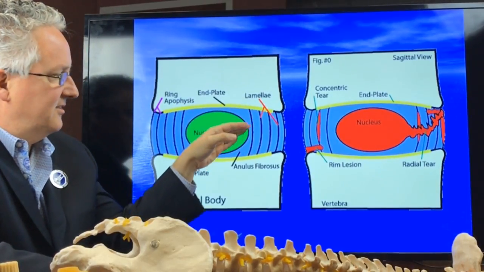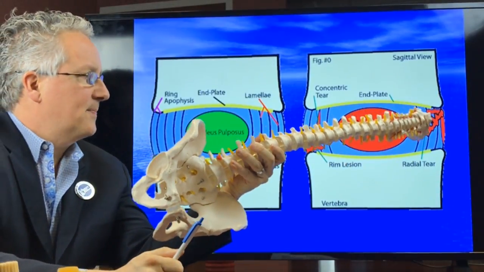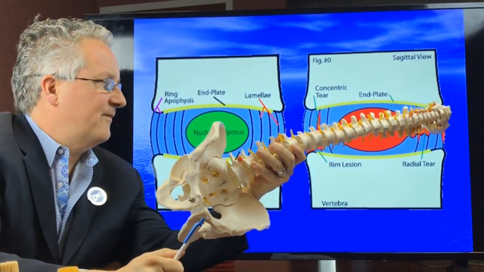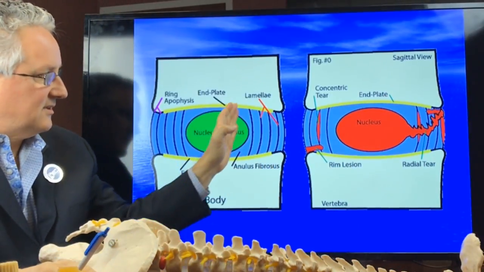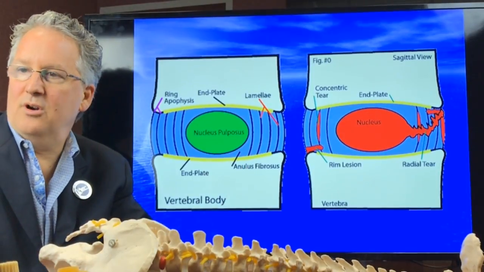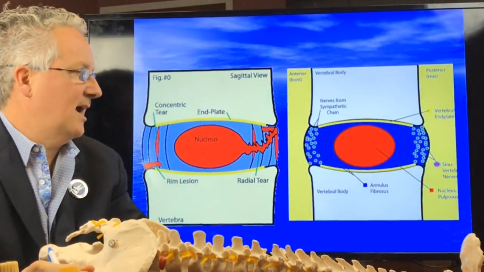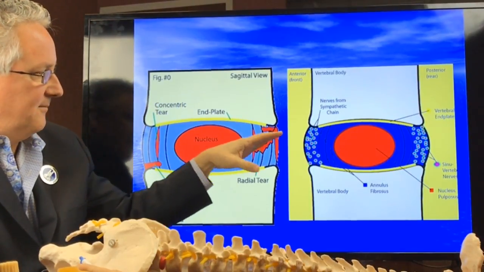That tear is called the fissure. But it can also start to tear out further, and as it tears out further, it'll push out further. The further it tears out, the more the disc becomes unstable, and it can tear all the way through.